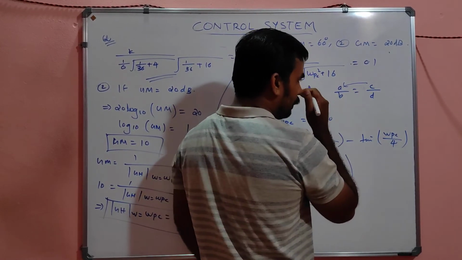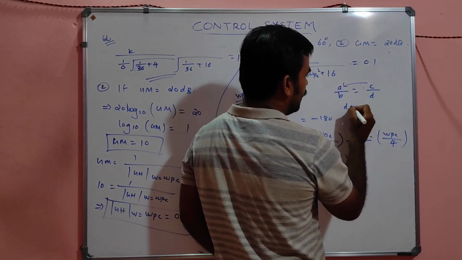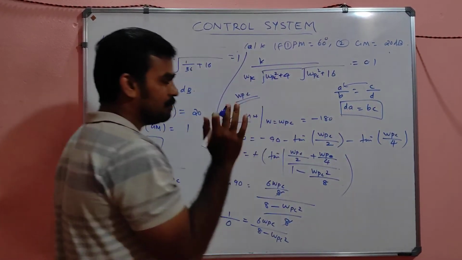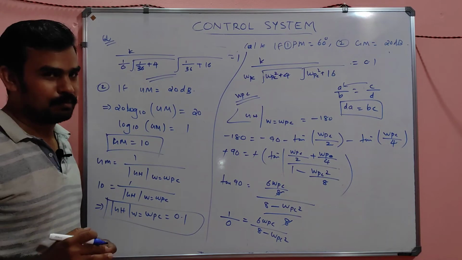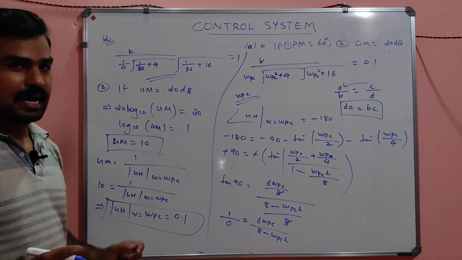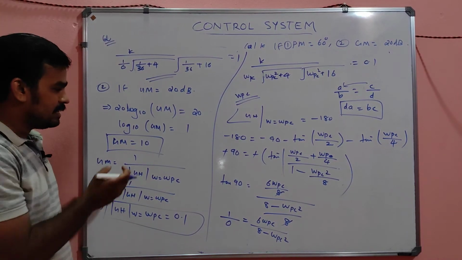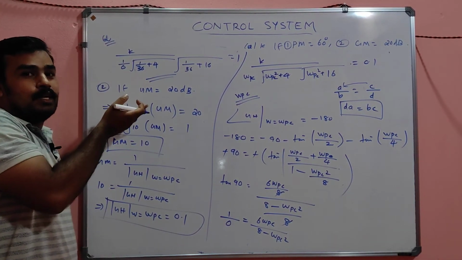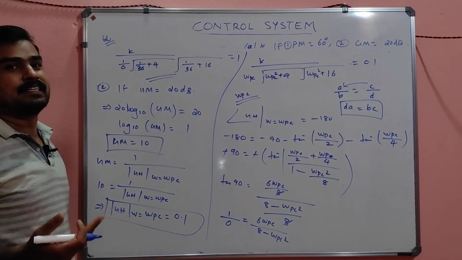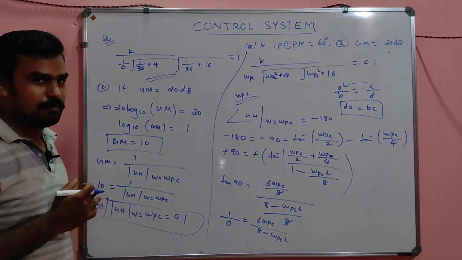Instead of that, you can take DA equal to BC. That mathematical principle is very, very important here, my dear. So in the first question, I again made a mistake: I just took the numerator as 0 for easiness.